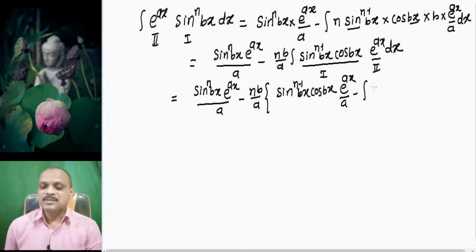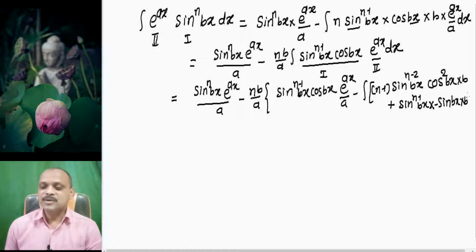That is derivative of sin raised to n minus 1, which is n minus 1 into sin raised to n minus 2 bx into derivative of sin, cos bx, we get cos square bx into b, plus sin raised to n minus 1 bx into derivative of cos, that is minus sin bx into b.